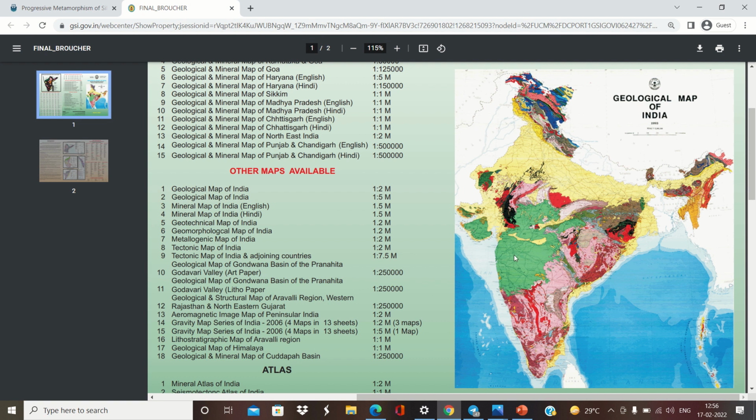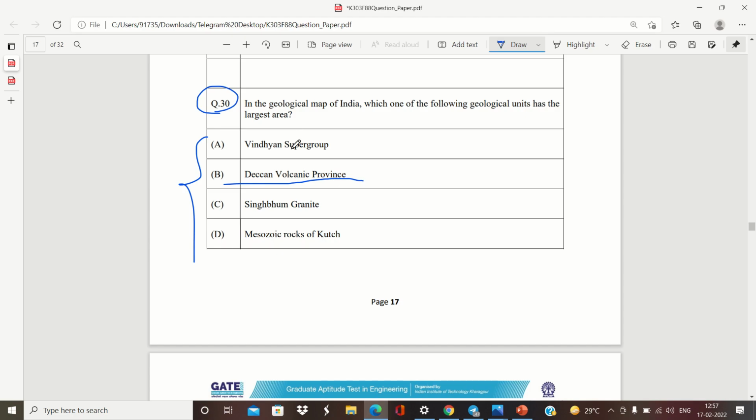You can see the green area is the largest area, but if in the options there were quaternary sediments or the Indo-Gangetic plain, then the yellow area can be larger. So if it is an option in any next question paper, have a look at which one is greater. But as far as these four options are concerned, Deccan Volcanic Province is the largest one.